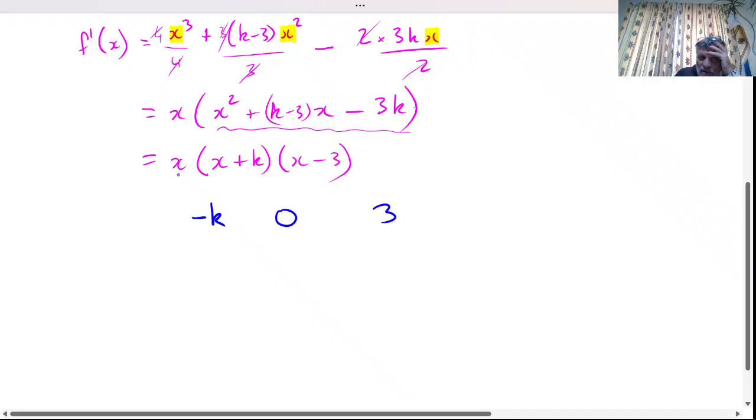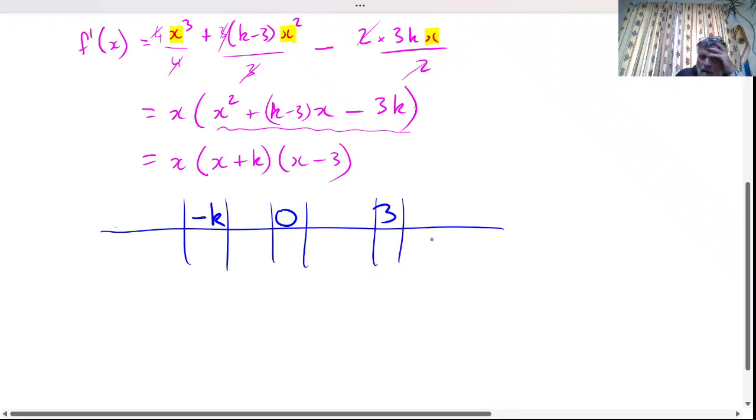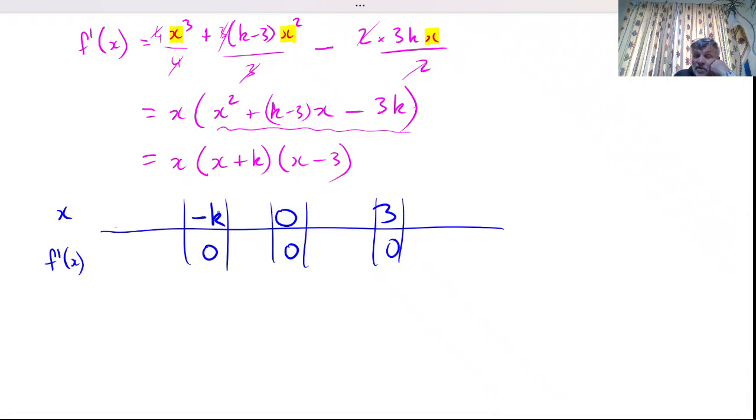We get x equals 0 here, x equals negative k here, x equals 3. This is x and this is our derivative. At each of those values we get a derivative of 0. We know that negative k is below 0 because the question told us k was positive, so negative k must be negative.